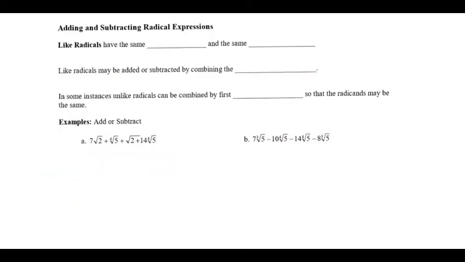So our next section, we are going to add and subtract radical expressions. And it's kind of like combining like terms we did before. In order to have like radicals, you have to have the same index and the same radicand.